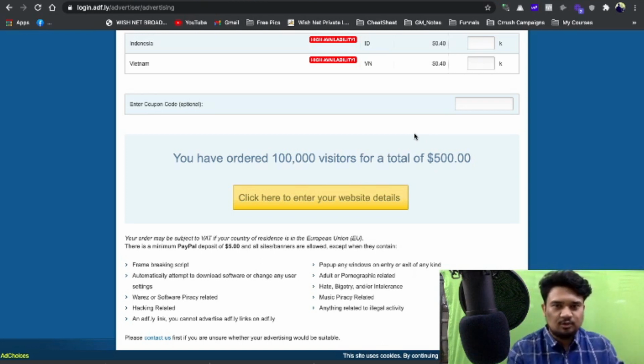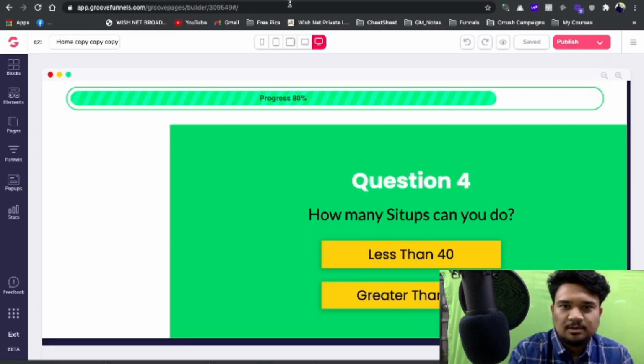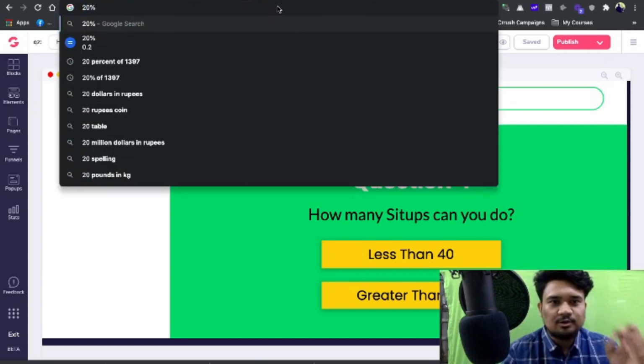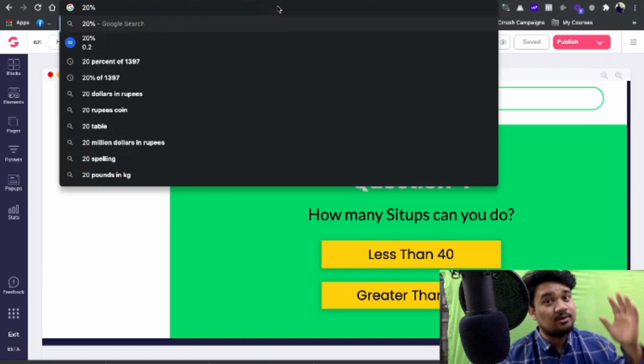So let me go for the lower one, which is 30,000. So we can say that out of 30,000 visitors, you can have say 20% opt-in rates. Now if we do the calculations properly, 20% of people will go through your quiz page and will see your sales page.